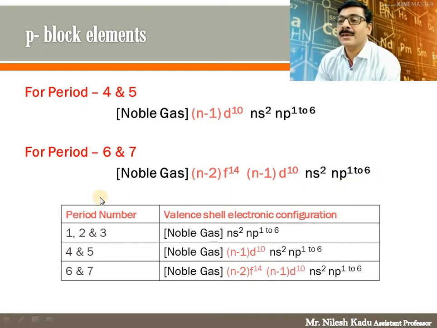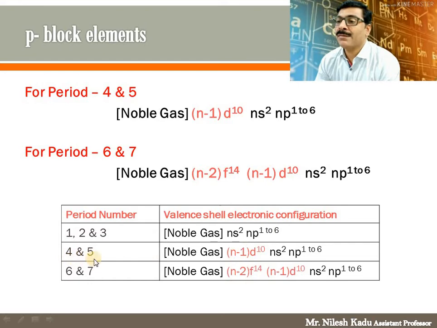So these are the three types for writing the valence shell electronic configuration of P block elements. For first, second and third period you write the noble gas first and then the valence shell, that is ns2 np1 to 6.